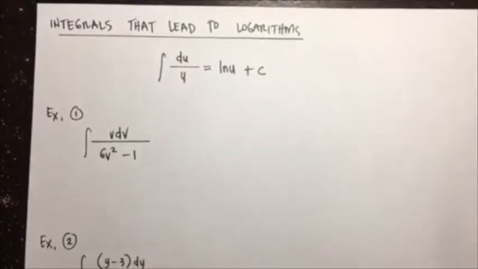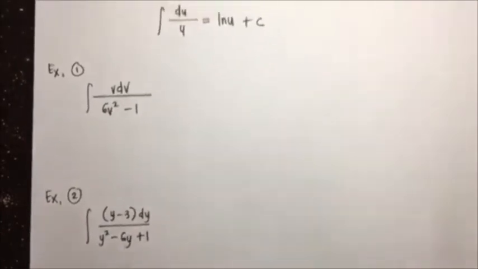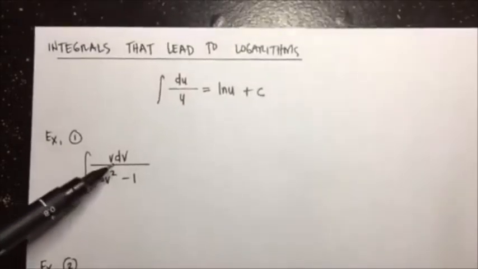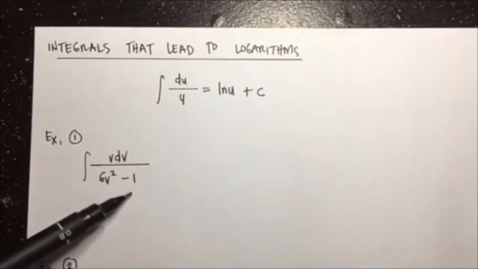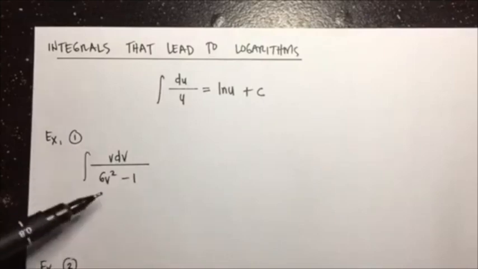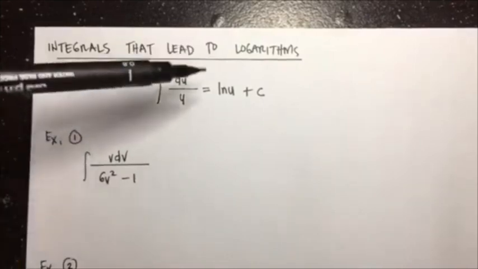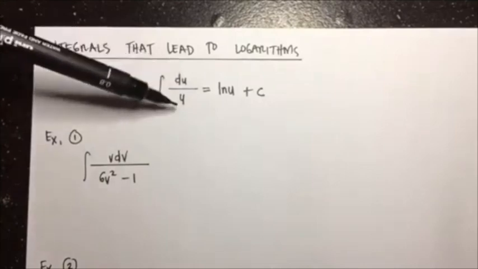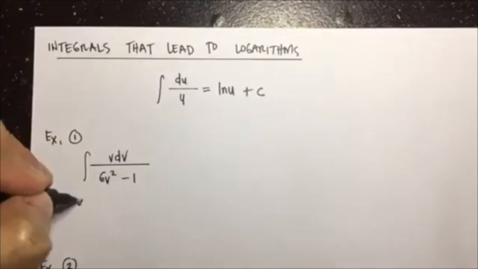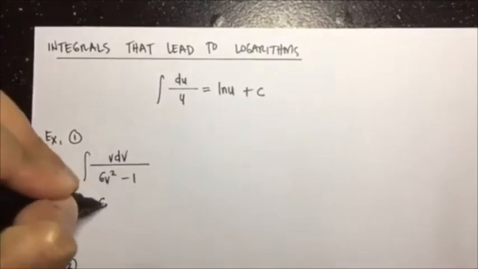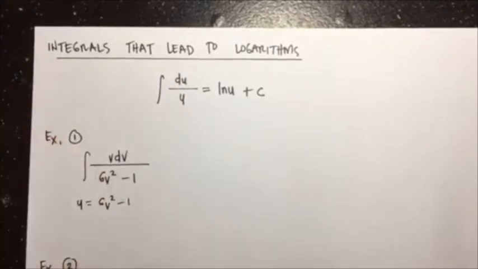So to apply that in some examples, example number 1: integral of v dv all over 6v squared minus 1. Okay, so let's apply the formula. Integral of du over u, so our u here is the denominator, so u is equal to 6v squared minus 1.